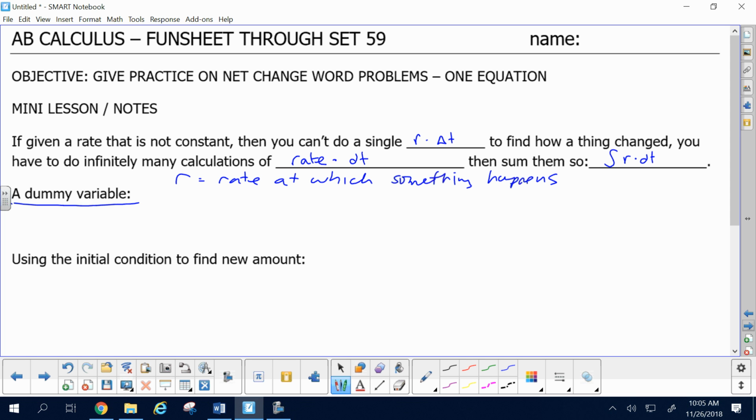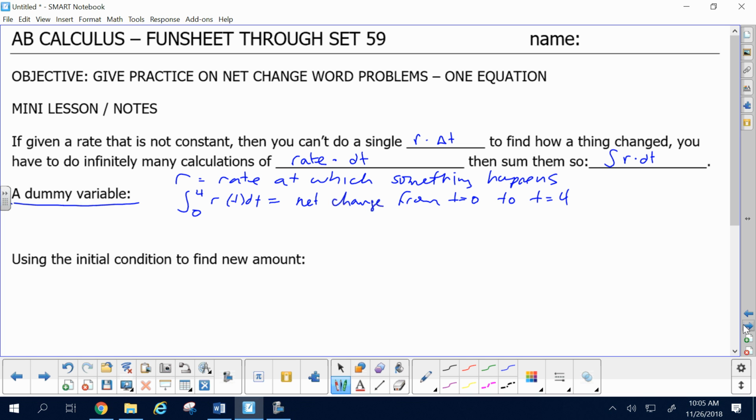Then if I talk about integrating from time 0 to time whatever, let's say 4, r of t dt, and this is the net change from time 0 to time 4. Maybe it's how many problems get done from 0 to 4 minutes, right?